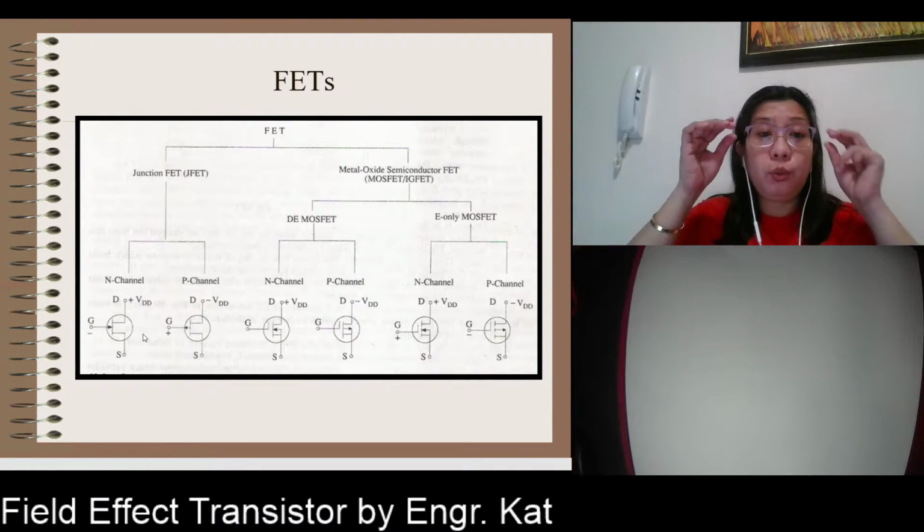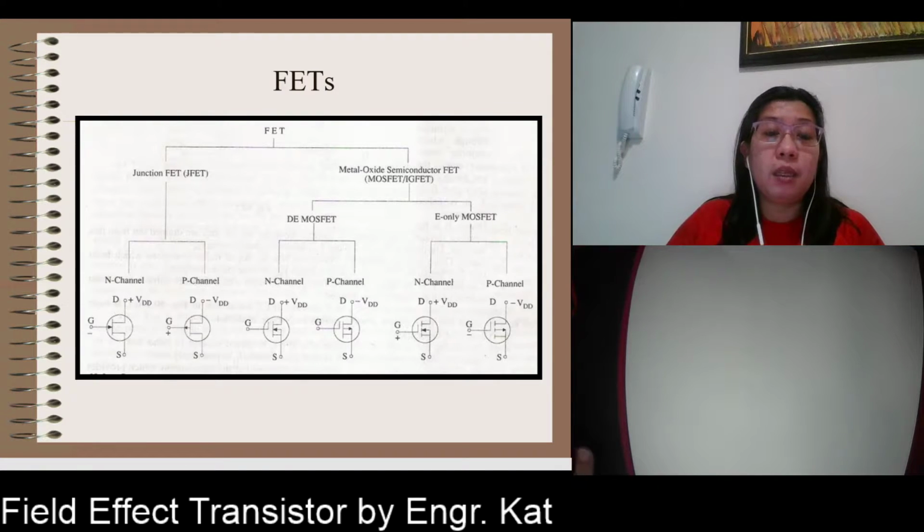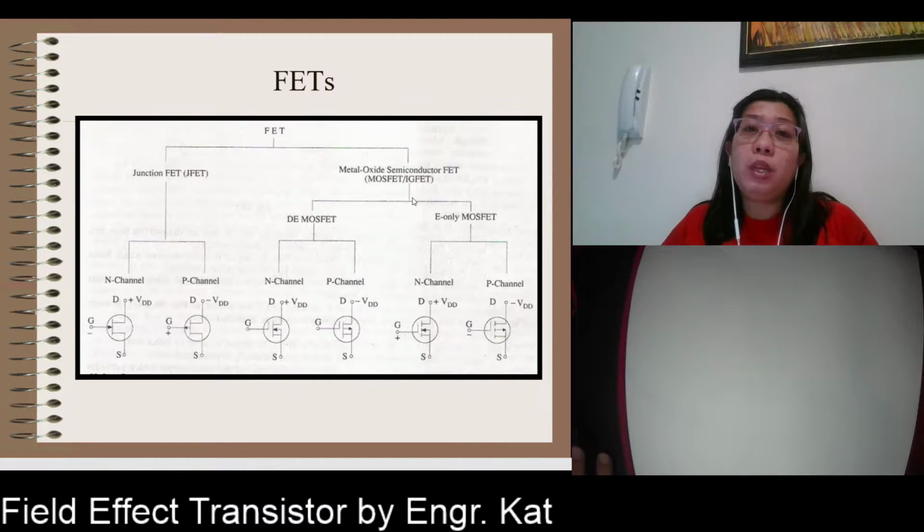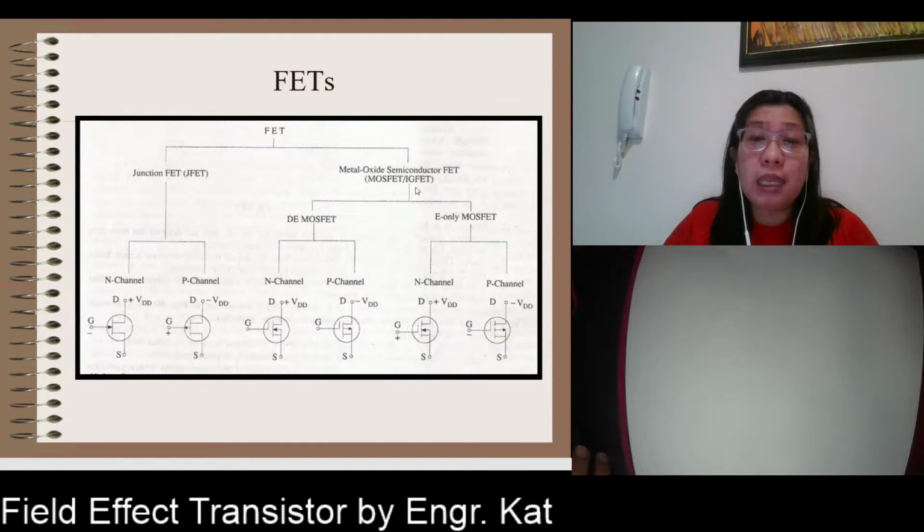Usually the arrow is pointing where your N-type material is. So this is your N channel and this is your P channel. Whereas for MOSFET, in some other references, usually old references, instead of MOSFET, which is metal oxide semiconductor, you can find it as IGFET.